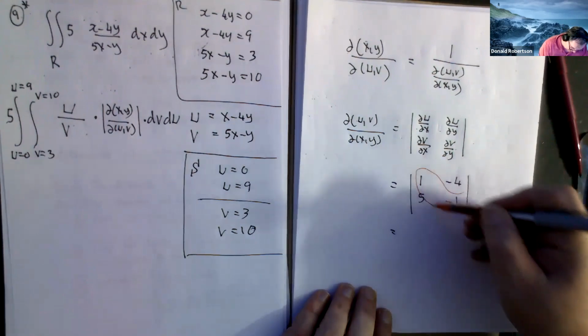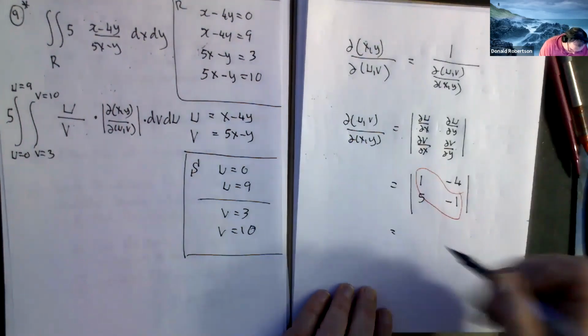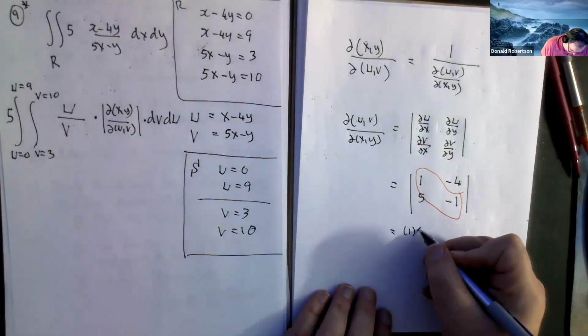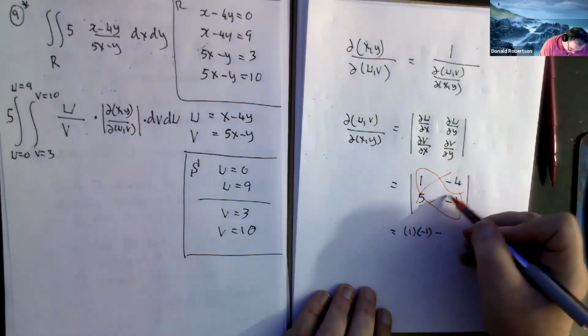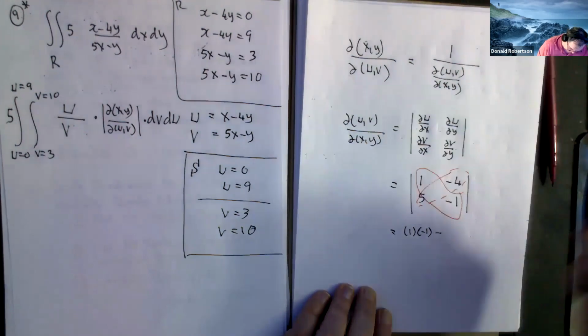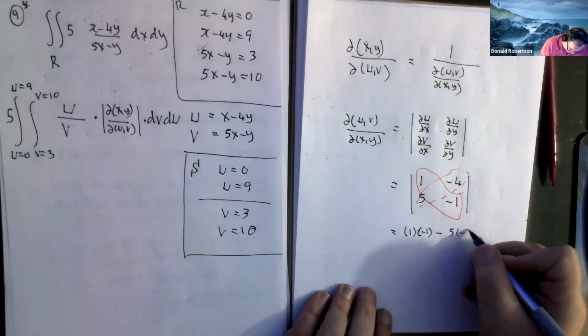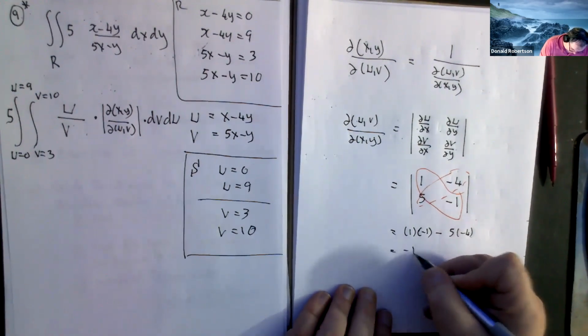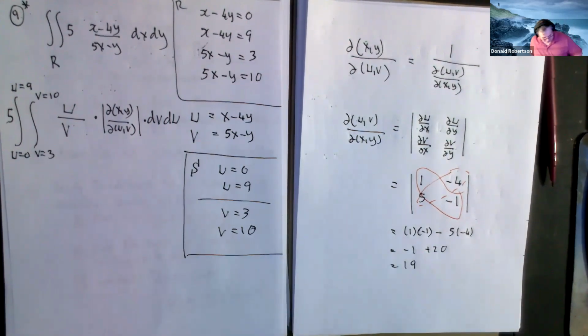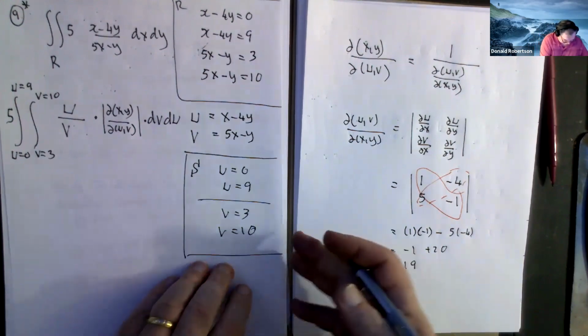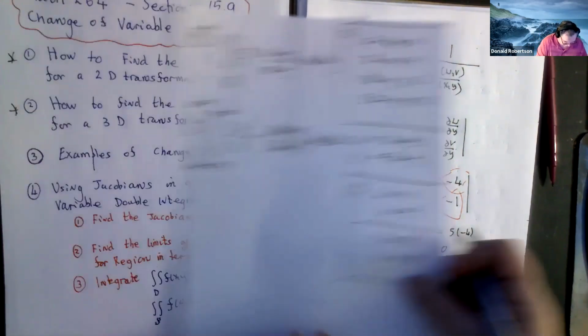Our major diagonal is that, take away our minor diagonal, that. So it's -1 plus 20, which is equal to 19.